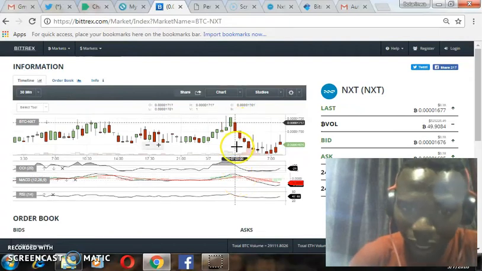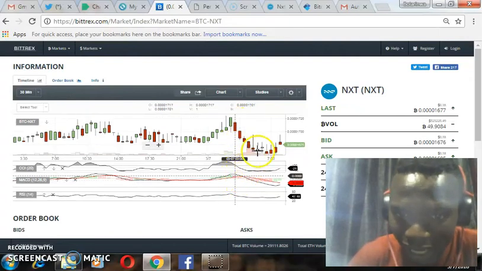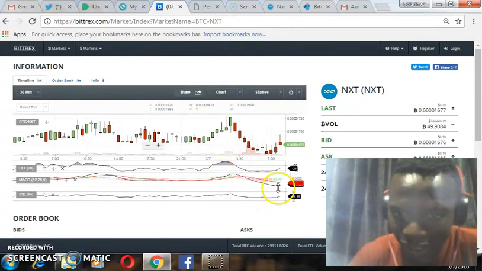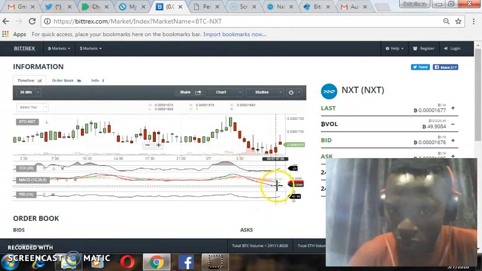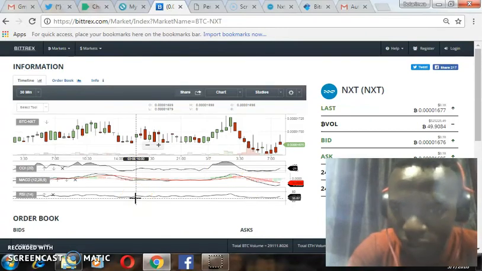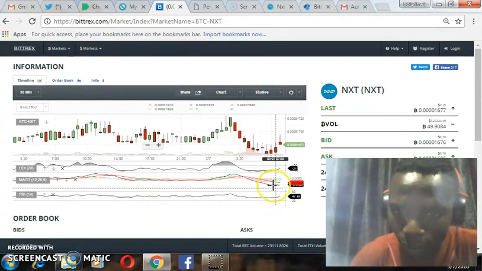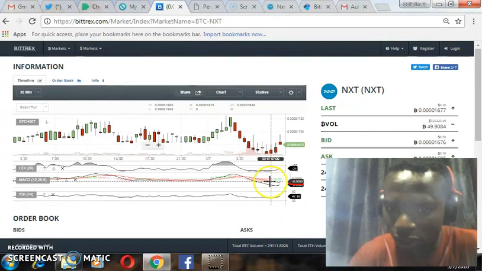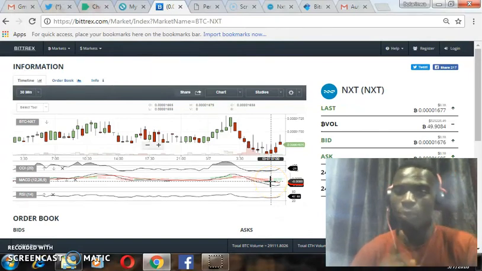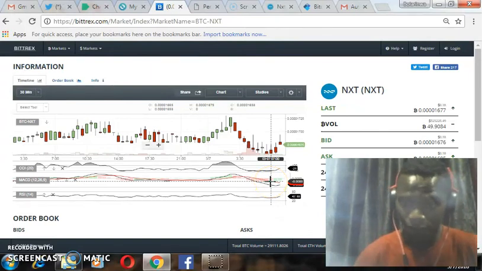It went as low as this. Now, if I were you, something is about to happen right here, because this black line is moving towards the red line again. That means an opposite direction is about to happen again.